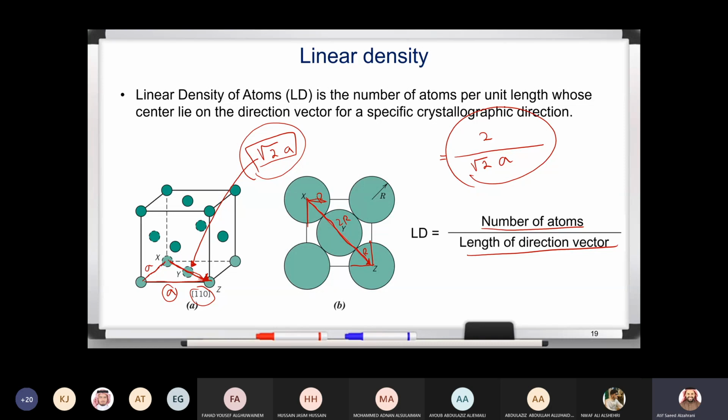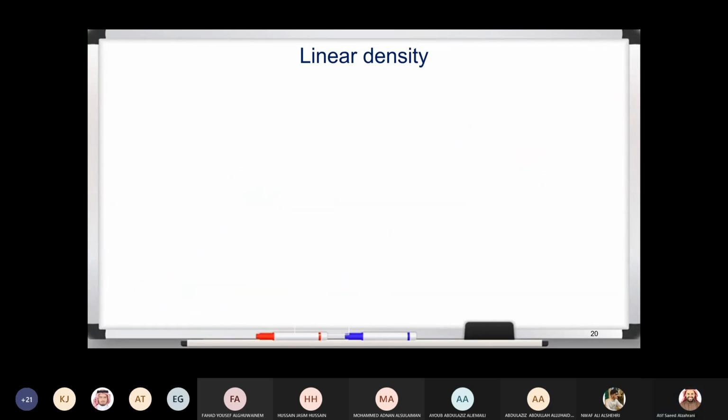Let's try to solve this example. Before that, remember from the last chapter we talked about the family of directions, which contains directions that are equivalent. Equivalent means they have the same, identical linear densities. If directions have the same linear densities, they belong to one family.